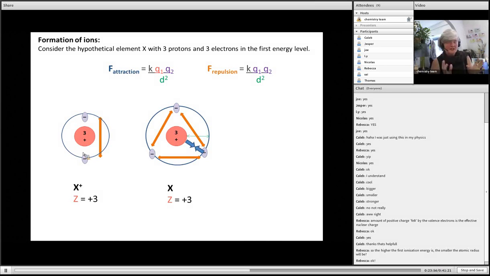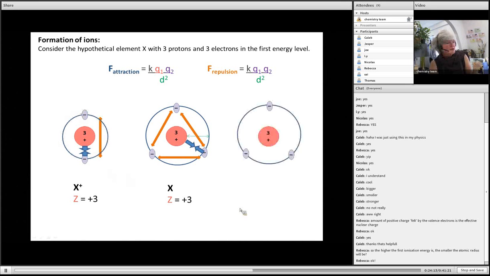So if I've got less repulsion, then the electrons can move closer to the nucleus. And so you can see, to keep that the same, because it stays more or less the same. It'll be slightly stronger, of course, because remember, we've changed the distance.